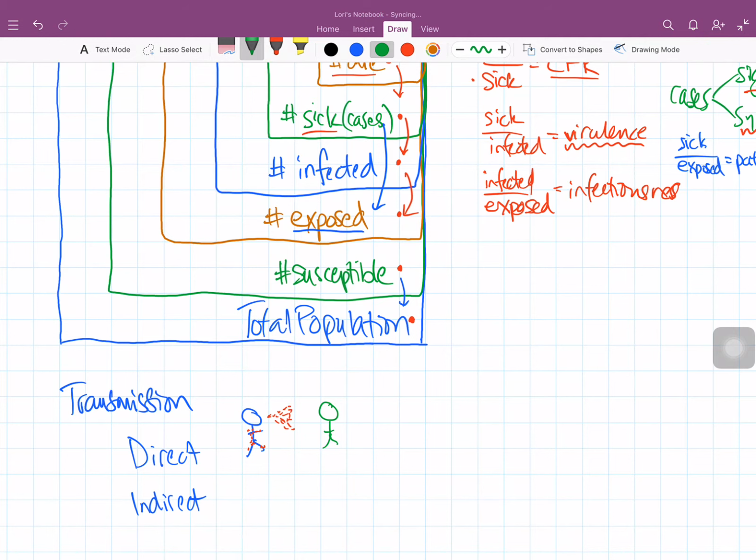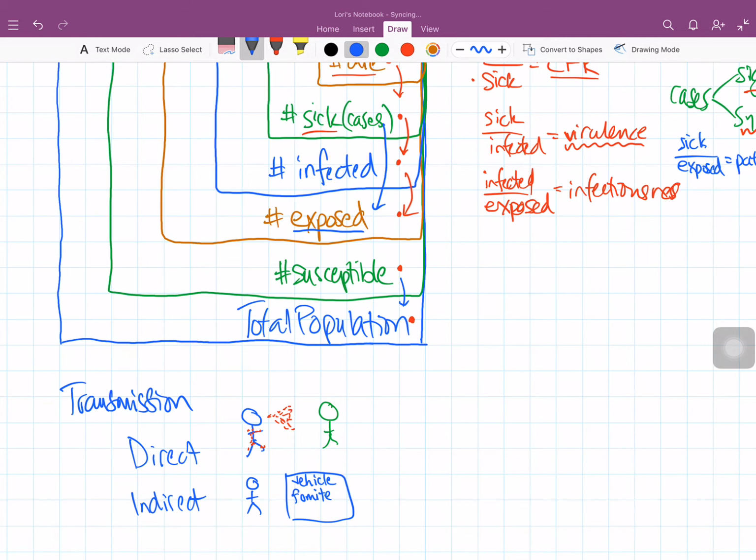With indirect, we have the person who's sick, and there's something in between. It could be a vehicle like food or water. It could be a fomite. A fomite is an inanimate, or not alive, thing that transmits.